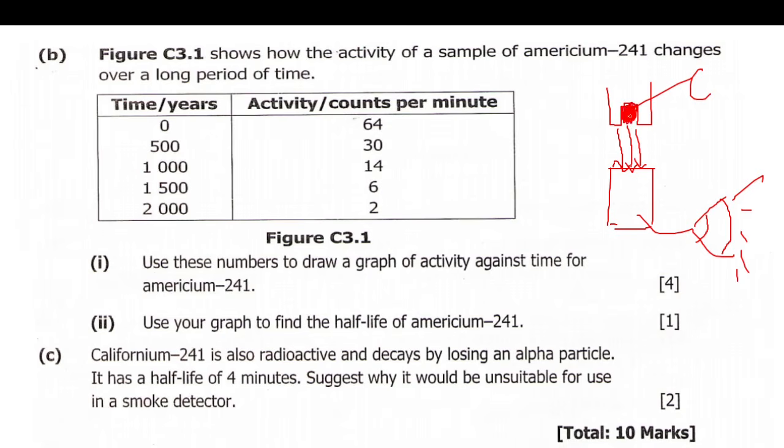So it will take a short period of time before this material runs out, which means after it runs out, it will give a wrong signal and make the alarm sound, because it will show as though there is smoke which has blocked the passage of the alpha particles reaching here. That will be giving a false reading, because it will run out.